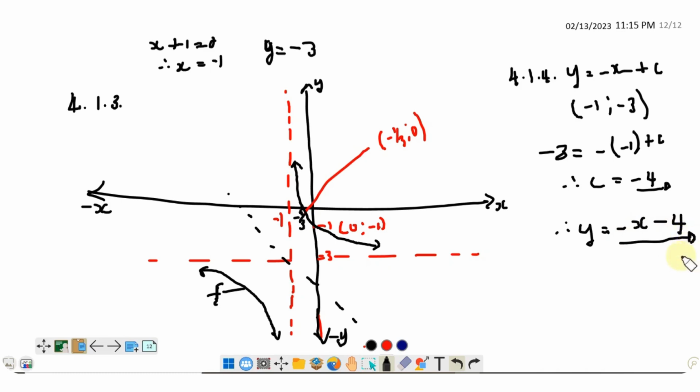That is the equation of the axis of symmetry. It is the line passing through the point negative 1 and negative 3, where the two asymptotes meet. There you go, guys. Let us go to 4.2.